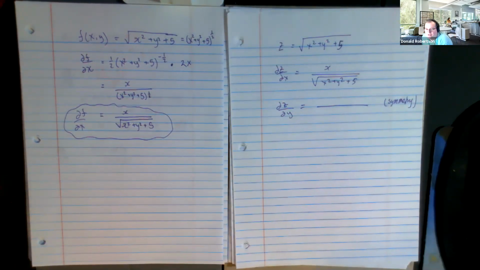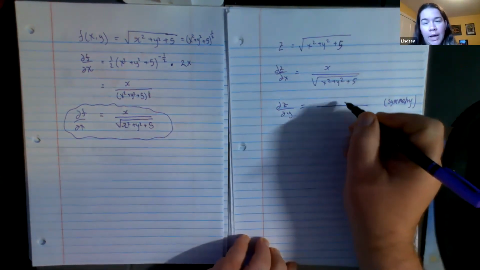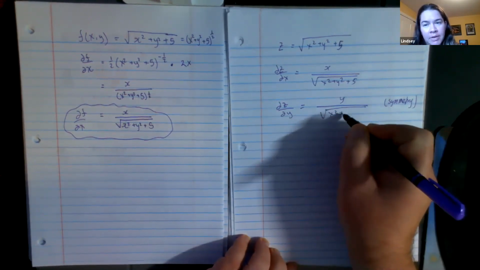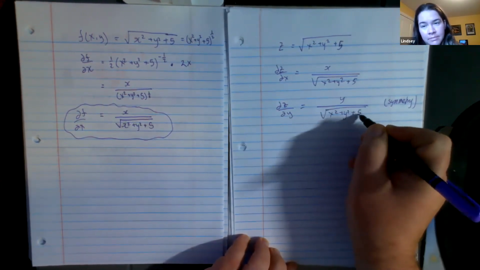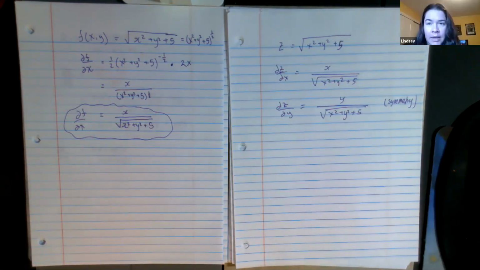Anybody want to have a guess at it? What do you think the answer might be? I have a guess. Go for it. y over root x squared plus y squared plus 5. And you're right. What did you do? I knew that everything under the root was going to remain the same due to the chain rule.